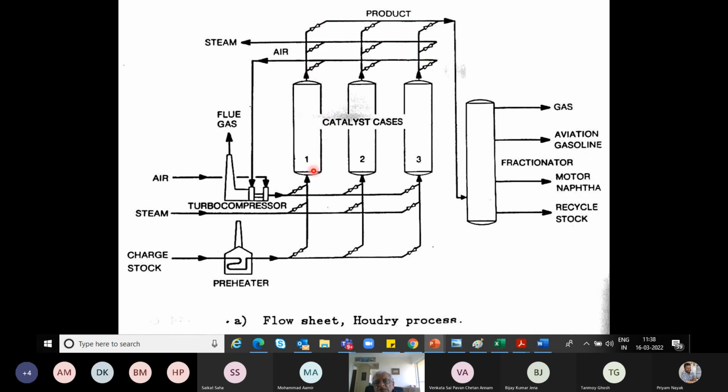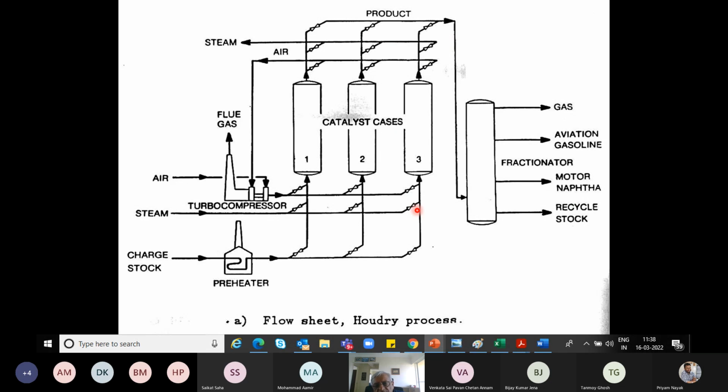And once the catalyst gets coked up, and that happens pretty fast, they used to take that reactor offline and then put air in to burn off the coke. So it was a time consuming and very difficult process to operate.